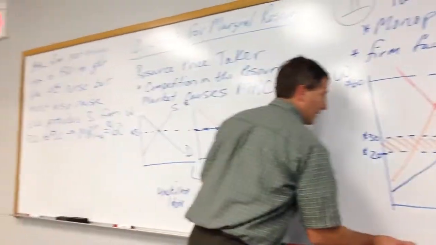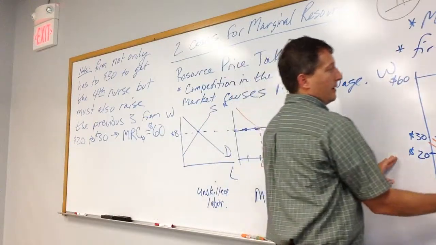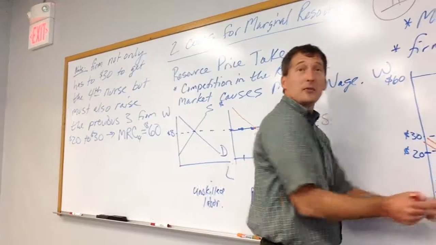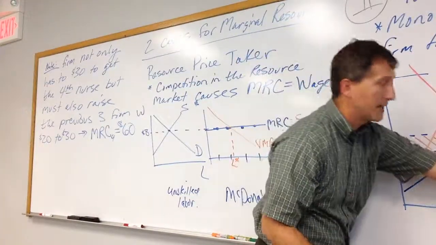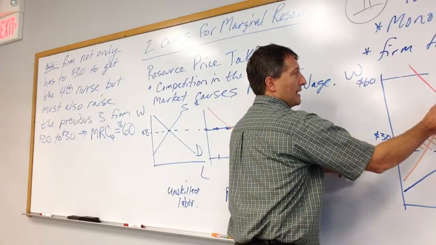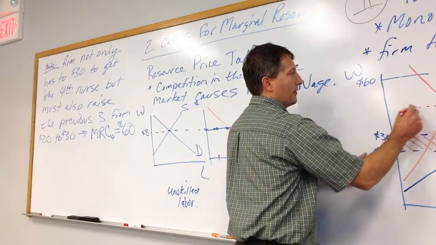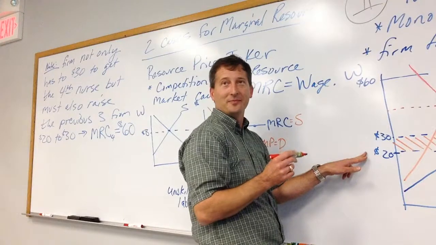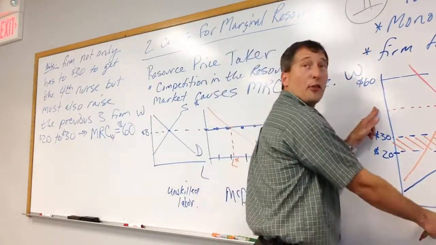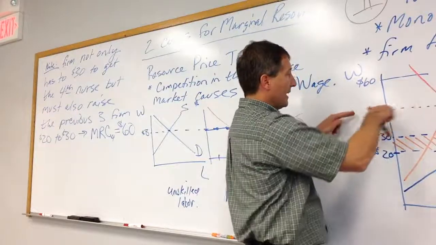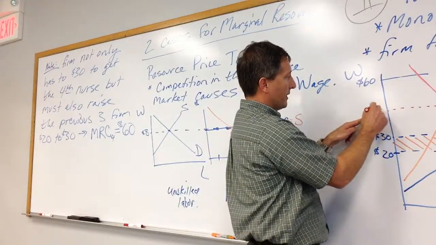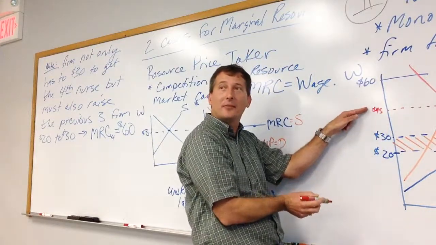So, under a monopsony, the optimal quantity of labor, L star, is 3, where marginal resource cost equals value of marginal product. And we're not going to pay them their value, which sounds evil, doesn't it? Check this out. The 3rd nurse brought in $45 worth of jack to the hospital, right?